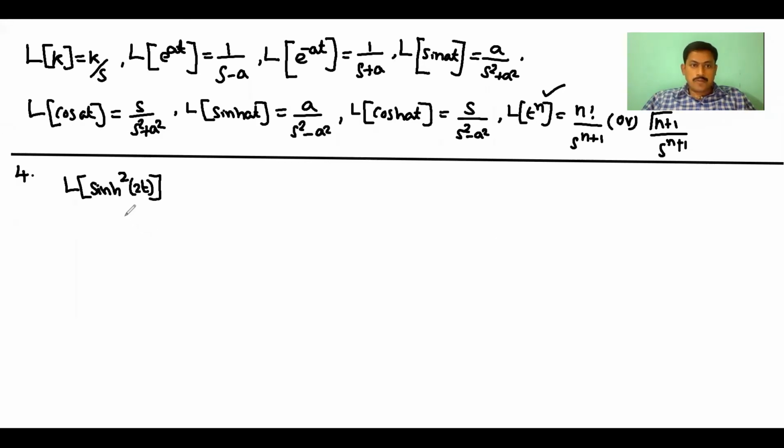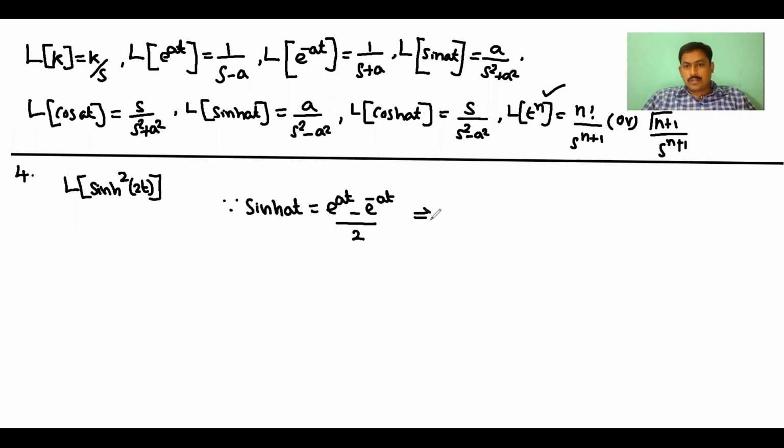Find L of sinh square 2t. We only have the formula for sinh at, it's not for sinh square t. We know that sinh at can be written as e power at minus e power minus at, divided by 2.